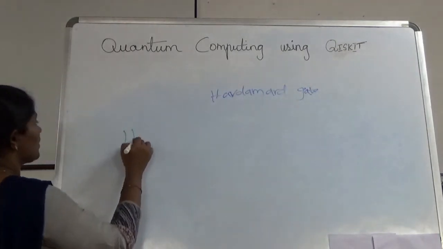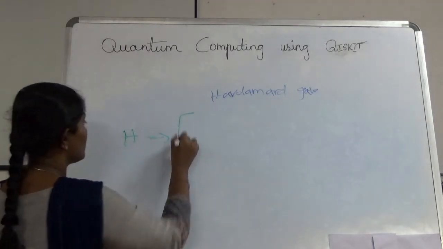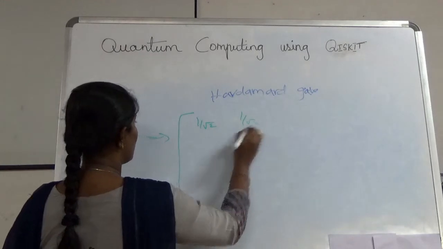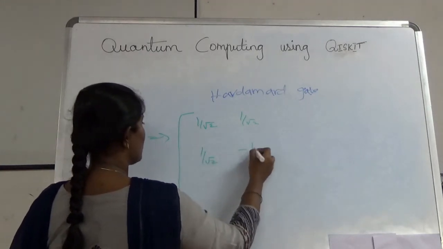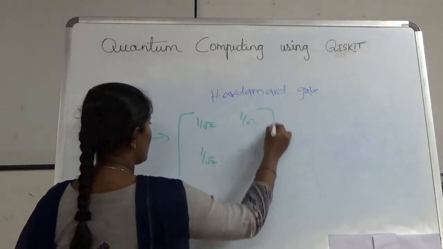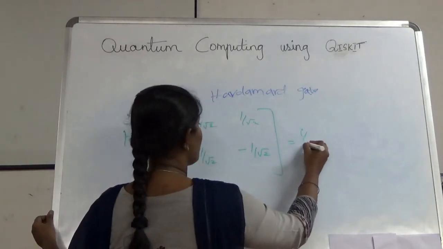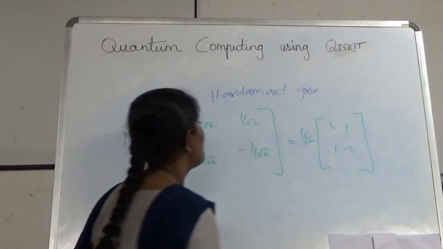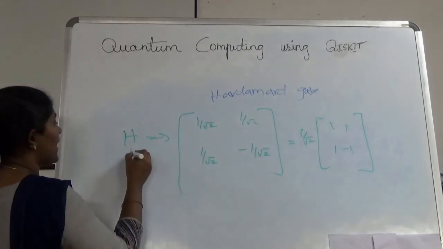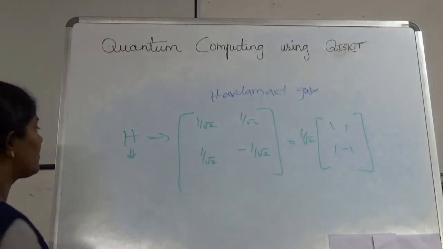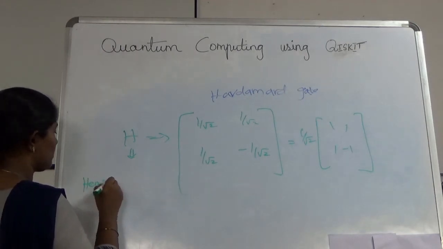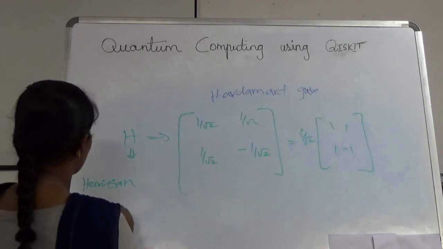The matrix representation of the Hadamard gate is derived from the Hermitian matrix.